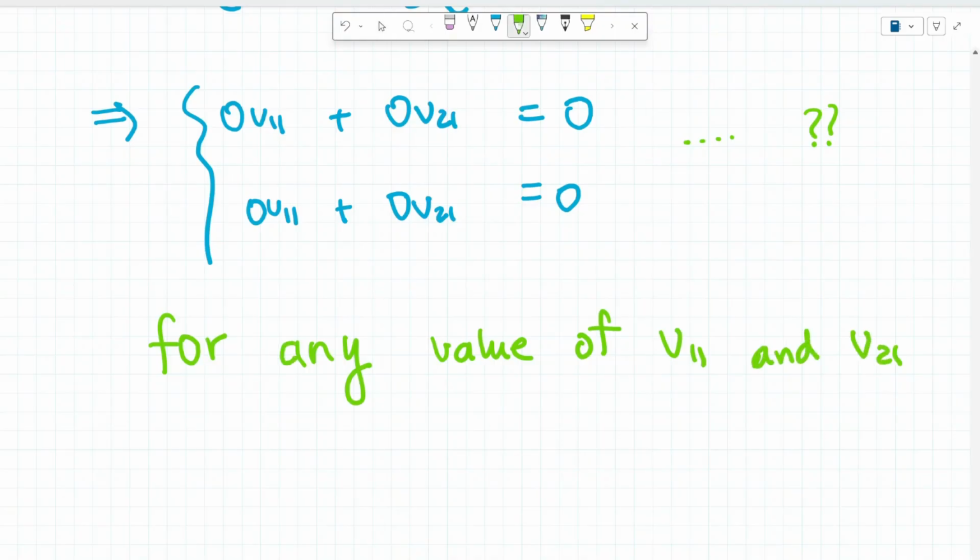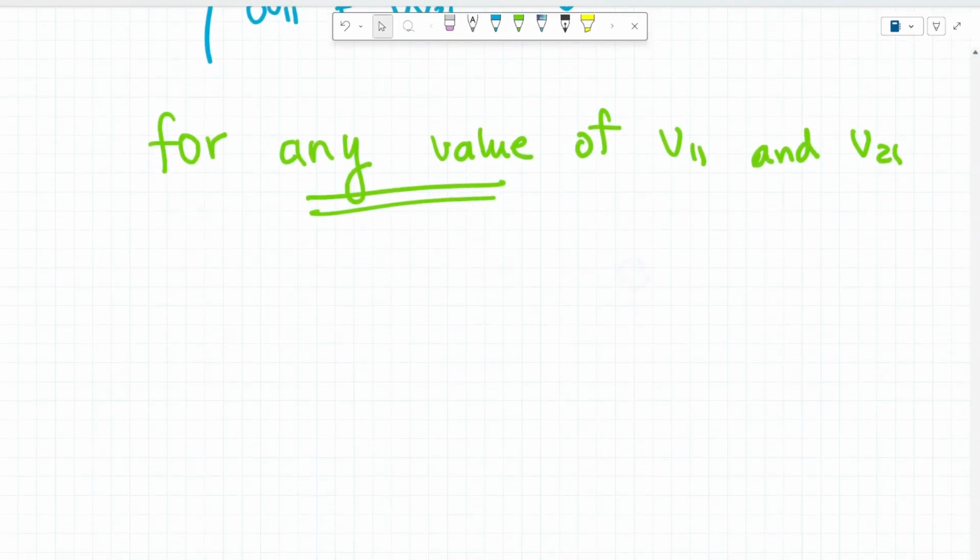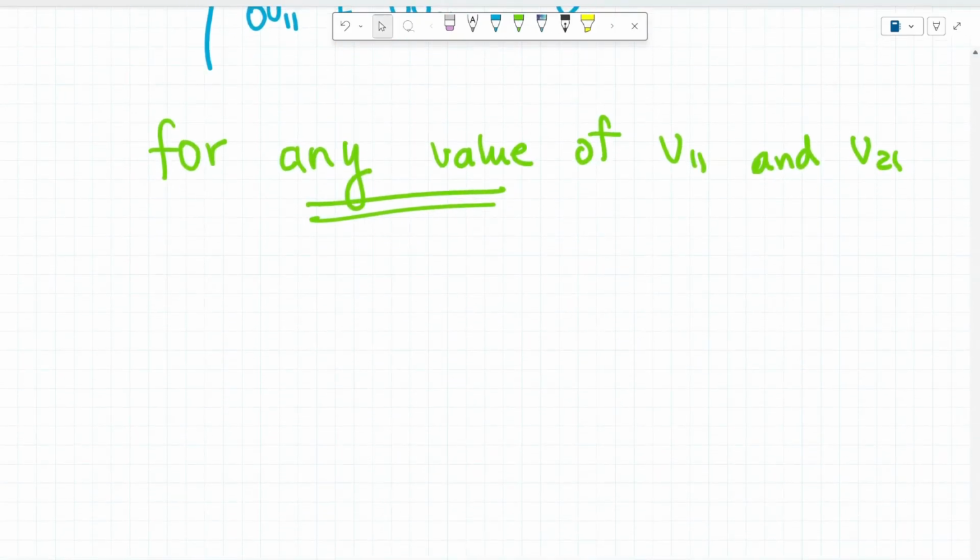So any value makes this possible. This satisfies the equation. As a consequence, we can write out the linear space. The eigenspace of lambda 1 is a linear space that contains all vectors v1 of the following form.